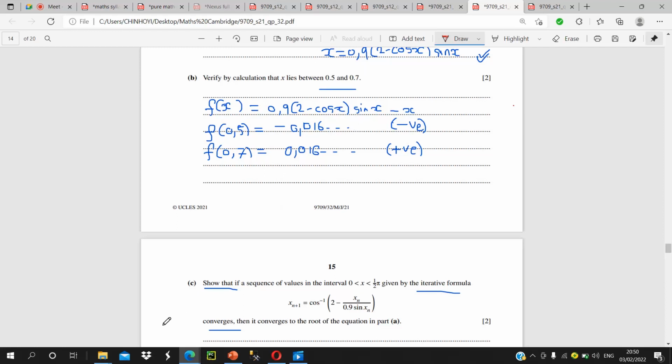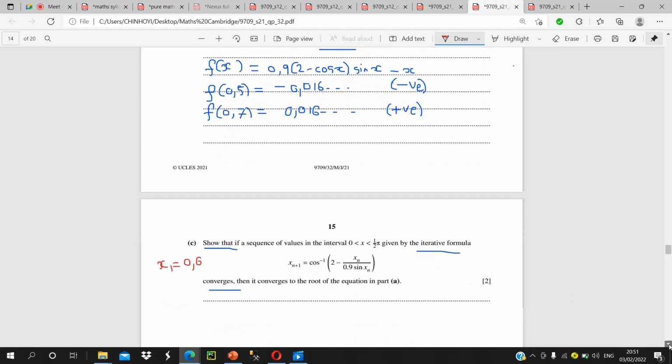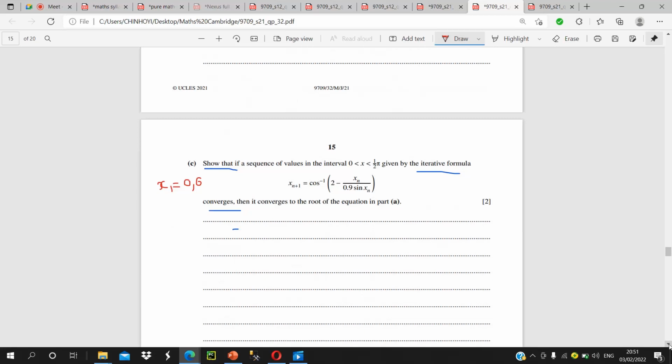What do you get? 0.6. So 0.6 is going to be our first approximation. That is if you are not given the first approximation. So if you are not given the first approximation, you are going to take the middle value.